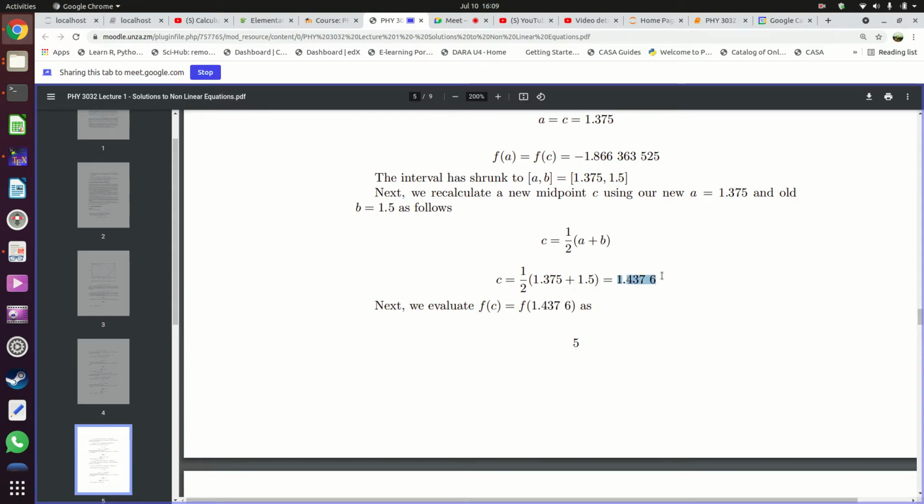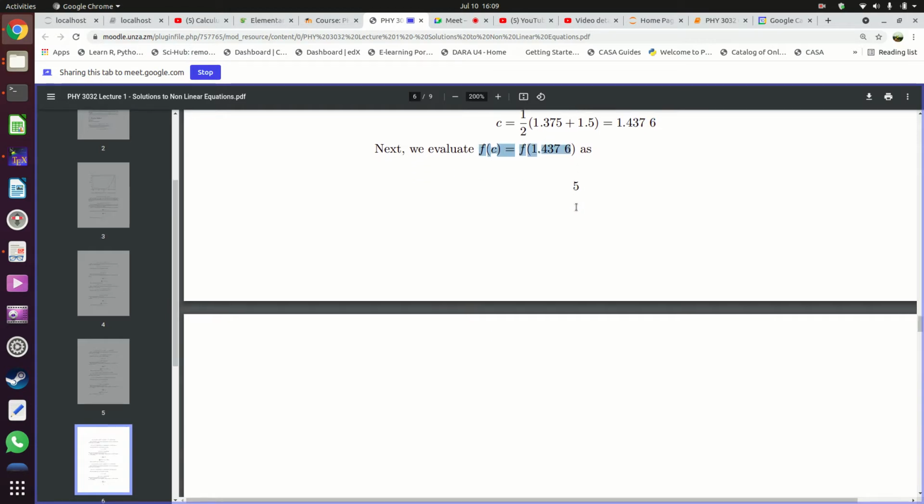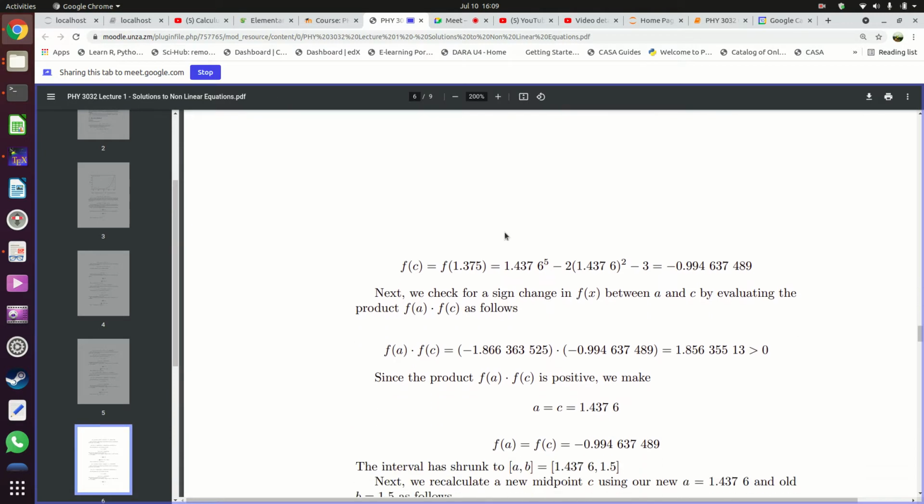Now, if you've got a new value of C, you want to find the value of the function at C. The reason why you're trying to do this is because you want to check if there is a solution between A and C, C being your midpoint. So work out the value of the function at C, f of C. When you do that, this is what you get. f of C is equal to f of 1.375.